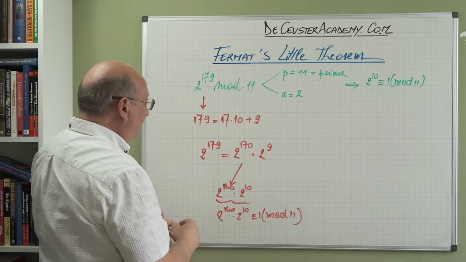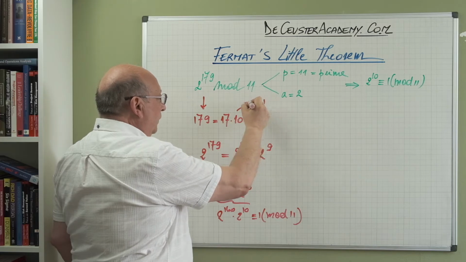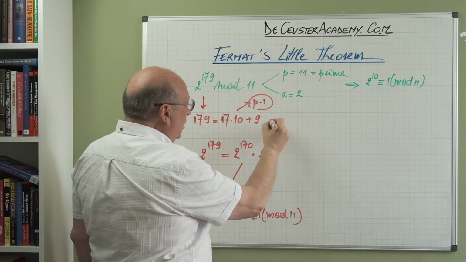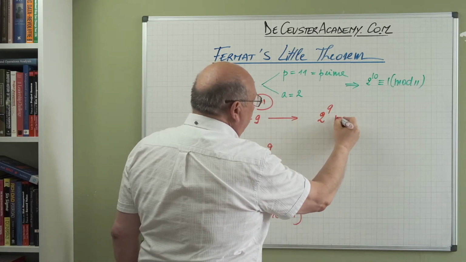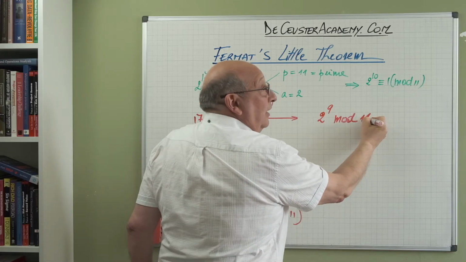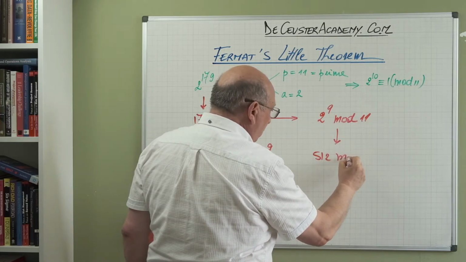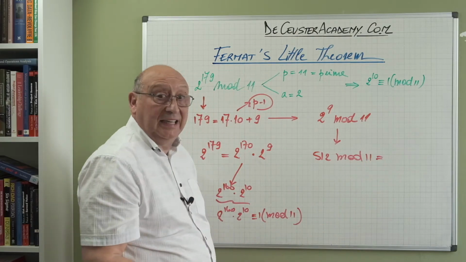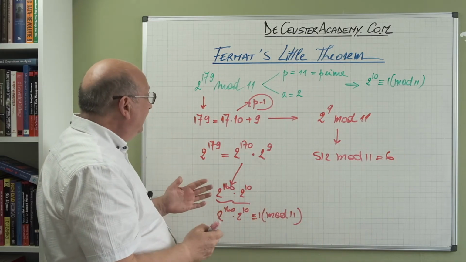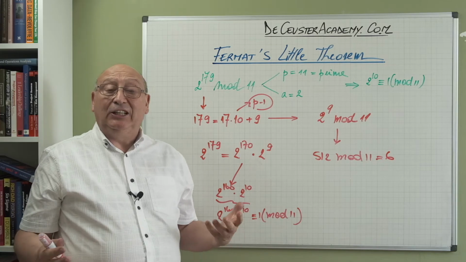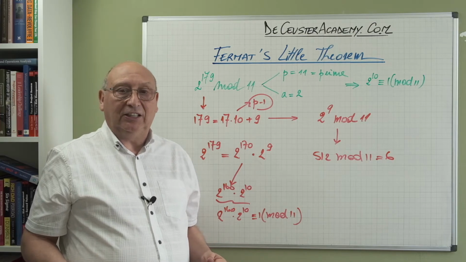So basically what we know from this, when we express this as a function of p minus 1, is that we can reduce this expression to 2 to the power 9 modulus 11, which gives us in the same calculation 512 modulus 11, which is again, of course, equal to 6. So that's a different way to do it. It's a little bit faster, but it's basically using the same calculations like we did before, and we can go through the exercise a little bit faster.